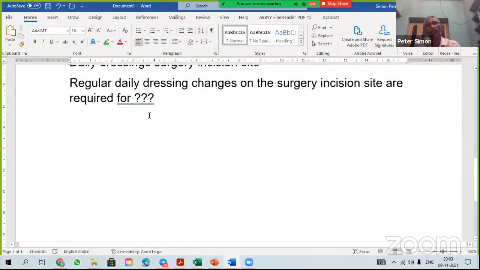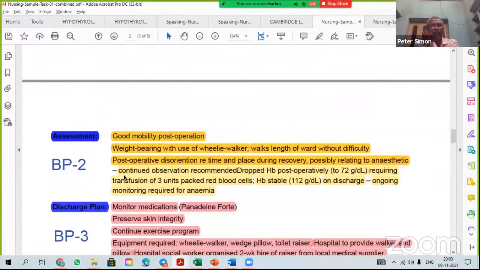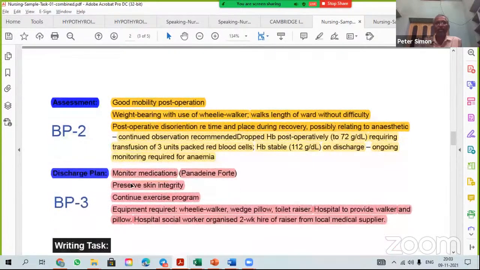Then you have to go to another place. Are required for what? So here it will be: are required for preserving skin integrity. So this is it.